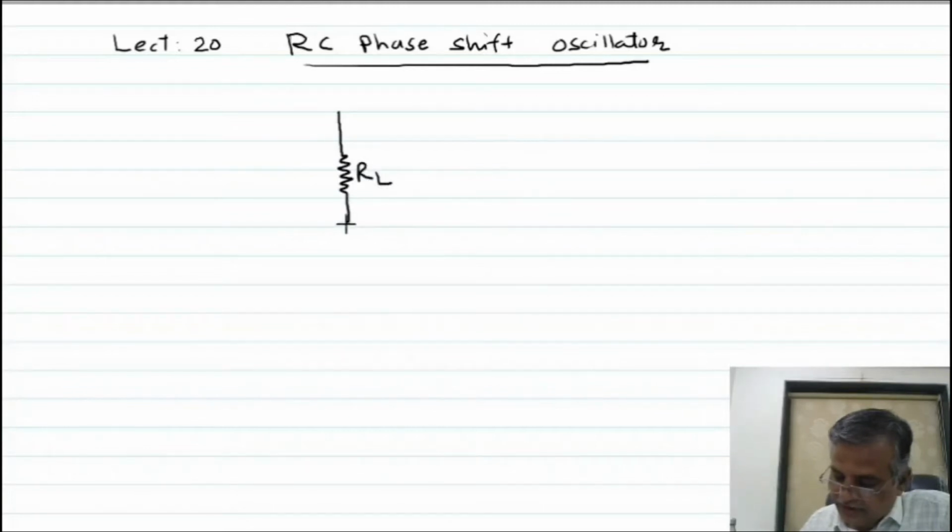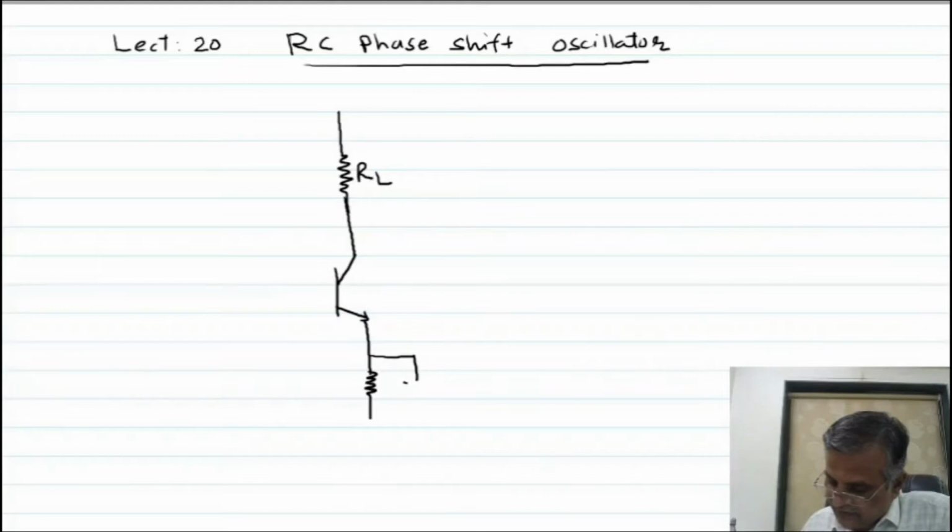Load is RL. These are transistors. This is a parallel combination of RE and CE.